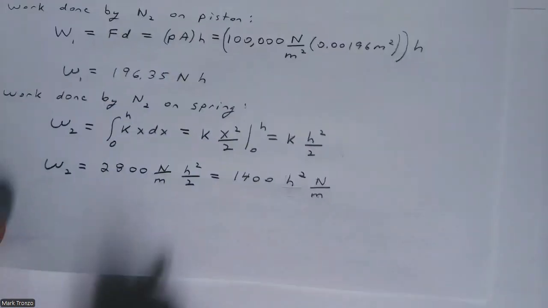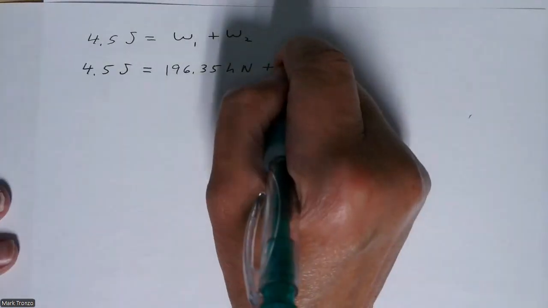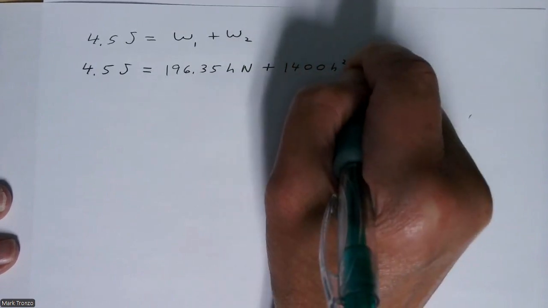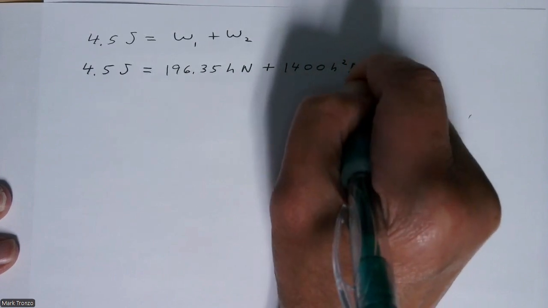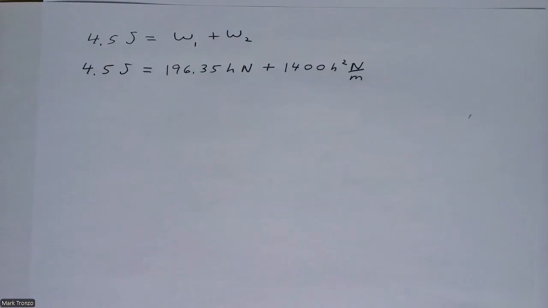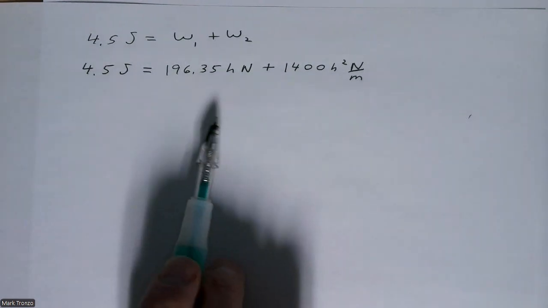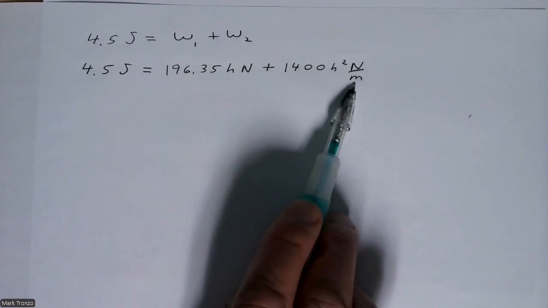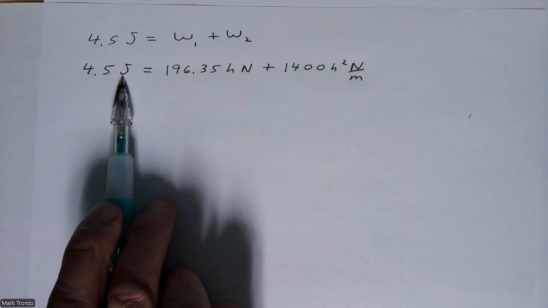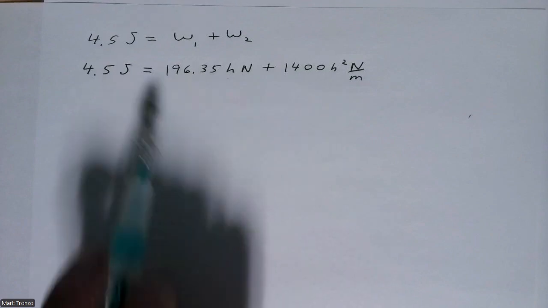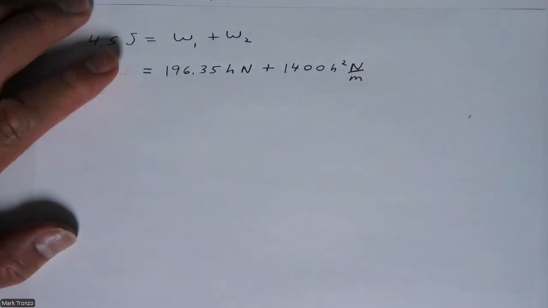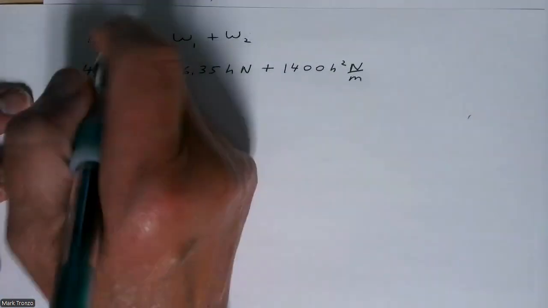And our W2, which we just found, is 1400 H squared. Now I'm going to suppress the units for the moment until we actually solve something. It's a little bit confusing with the H's and the N's together. And again, remember, joules is newton meters, so we could replace that with newton meters.